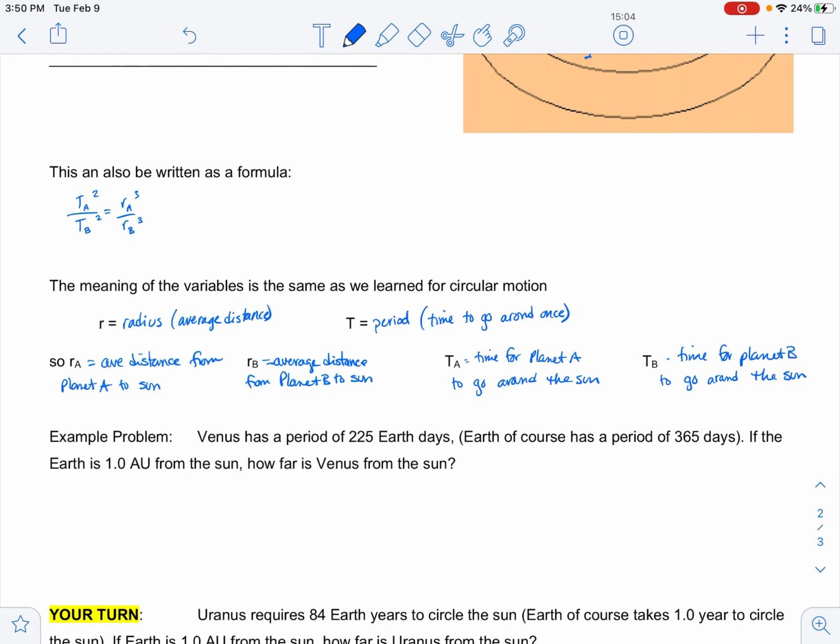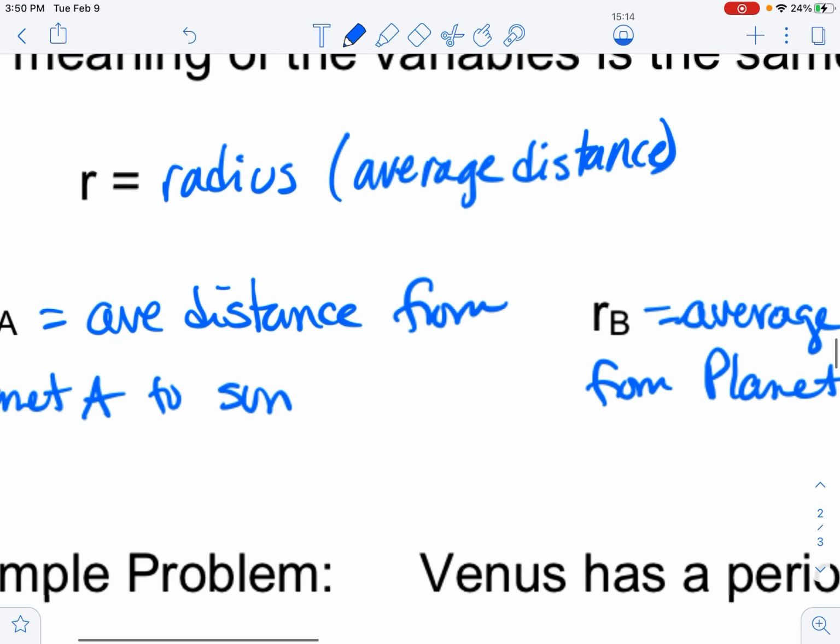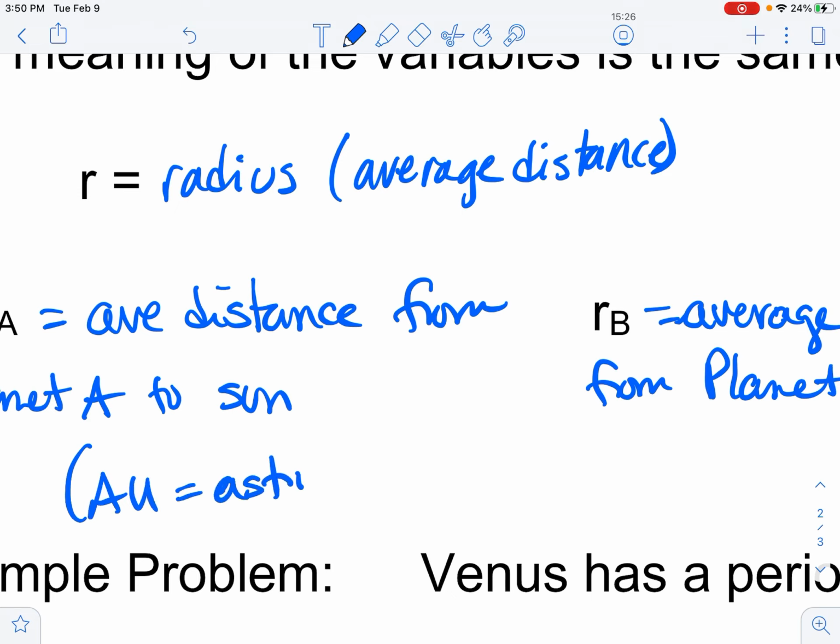Okay. All right. So when you see this formula, you should know what all those variables stand for. Okay. Let's see. What are we going to use for measuring? So things in space are really a long way apart, and so instead of using meters or kilometers, we're going to use AU. An AU is an astronomical unit.